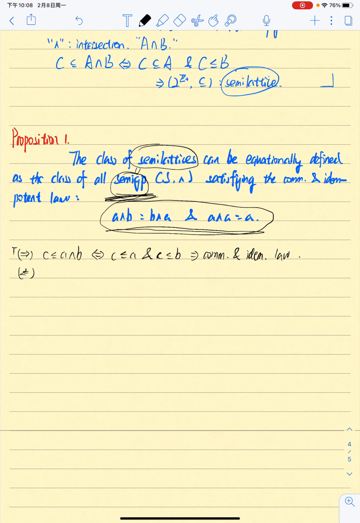That is, we should prove for the first, S is ordered.